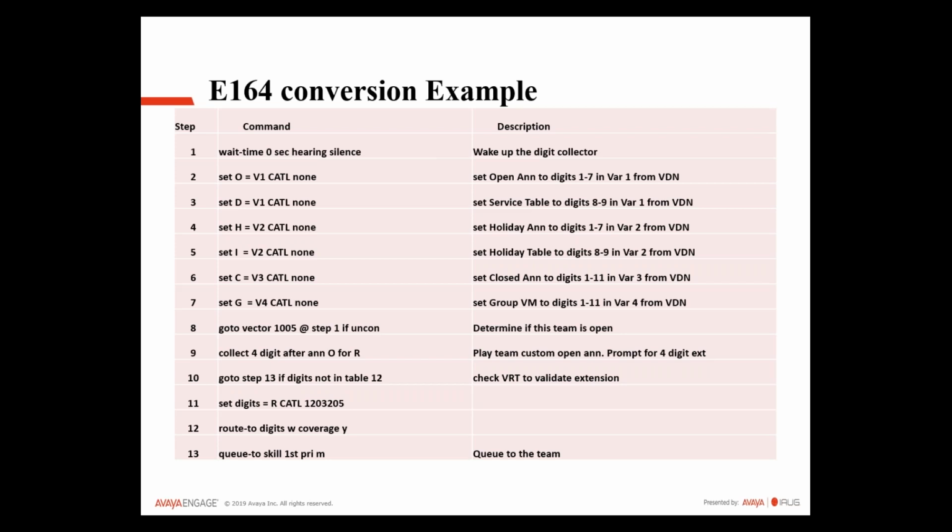So if it's valid, I'm now going to set digits for R, which I just collected, these 4 digits, and I'm going to concatenate to the left with 1203205. By using this concatenate and setting the digits, I've taken my 4-digit PIN, slapped it at the end of my 203205, and it's now turned into my 11-digit agent ID, 1203-205-1234. So I'm going to route to those digits with coverage, and now that 4-digit PIN will route to my 11-digit agent ID.